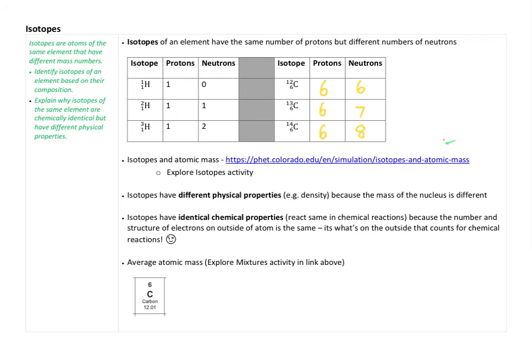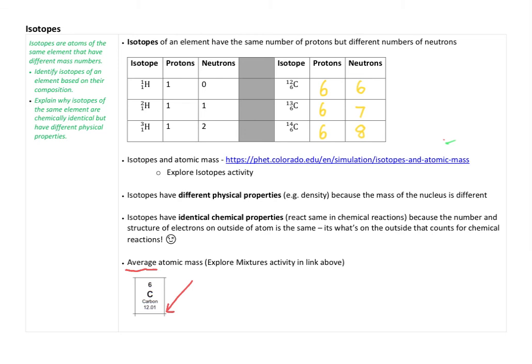Another thing I just want to mention here, this isn't specifically mentioned in the subject outline up here, but it does cause a bit of confusion, particularly for those people who do both chemistry and physics. If we look at the periodic table, and we've got a typical element, say carbon, it will say the atomic mass here is 12.01. That is the average atomic mass for carbon.